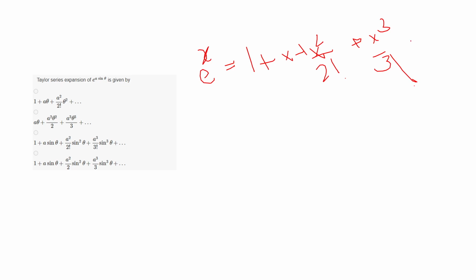Now the Taylor series expansion of e to the power a sine theta is given by, so we know e to the power x equals 1 plus x plus x square by 2 factorial, x cubed by 3 factorial, and so on.